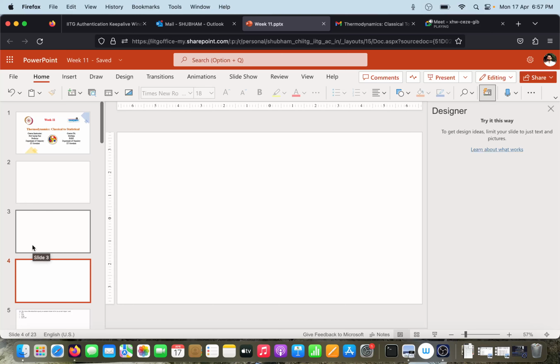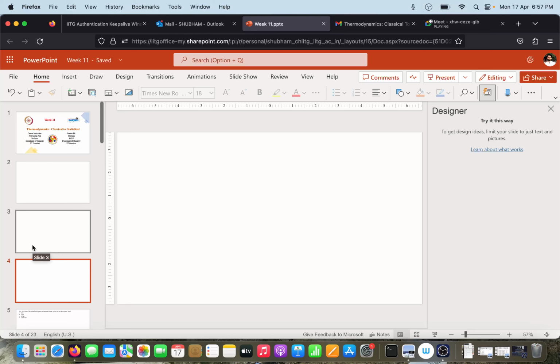So now if we take this 3613.2 into 10 to the power minus 21, then this will be 36.132 into 100 divided by 655.632. So this is 5.51.